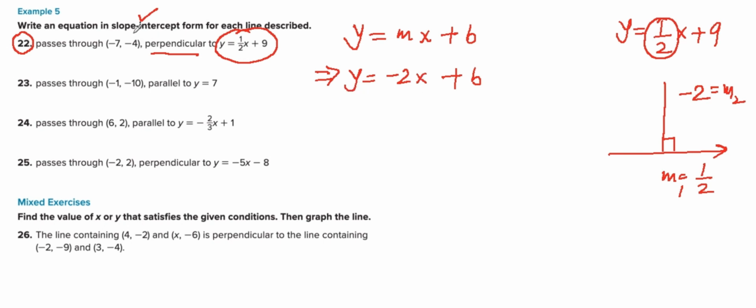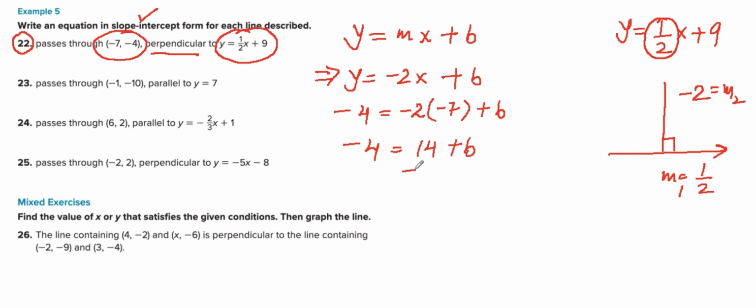And x and y are given because it passes through minus 7 and minus 4. So y is minus 4, minus 2 times x is minus 7 plus b. So minus 4 is 14 plus b. Therefore, minus 14 both sides, we get minus 18 as the value of b.